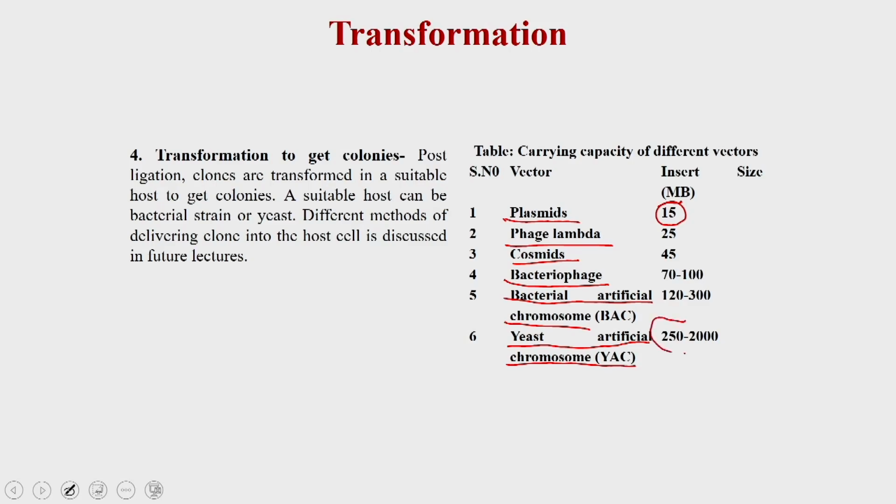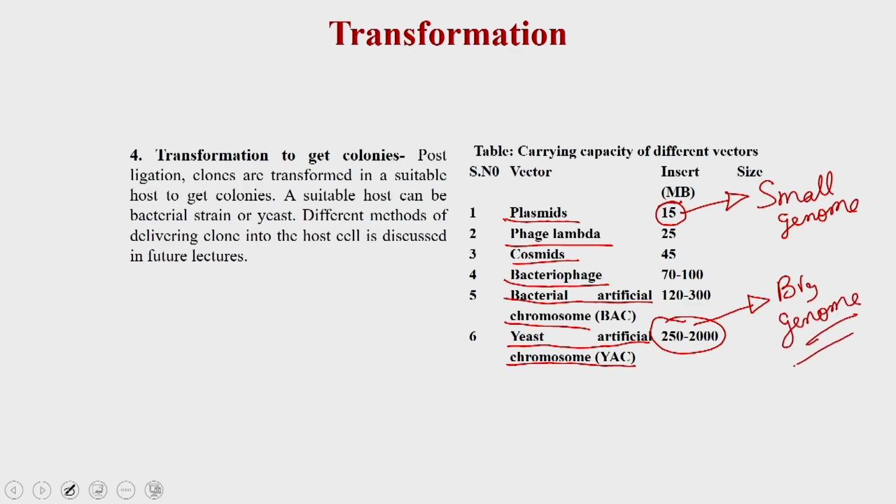whereas in the case of the yeast artificial chromosome you will have a carrying capacity of 250 to 2000 MB, which means plasmids are good for organisms with a small genome, such as the bacterial genome or some other infectious organism, whereas the yeast artificial chromosome is for organisms which contain a big genome, for example, the human.